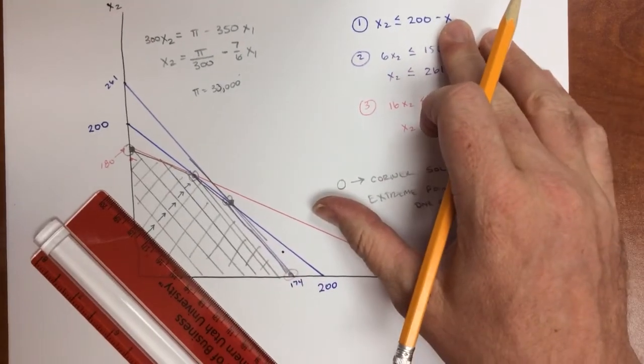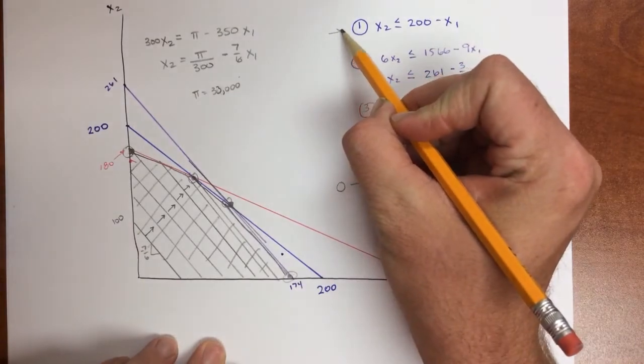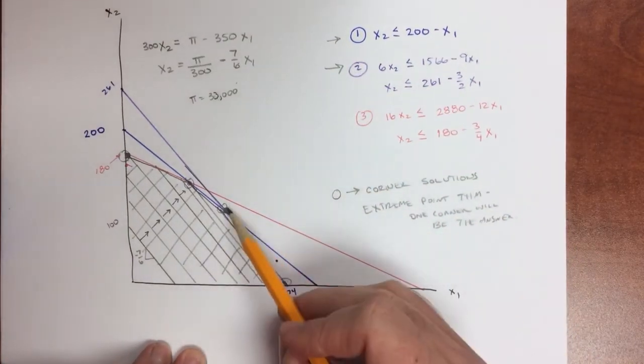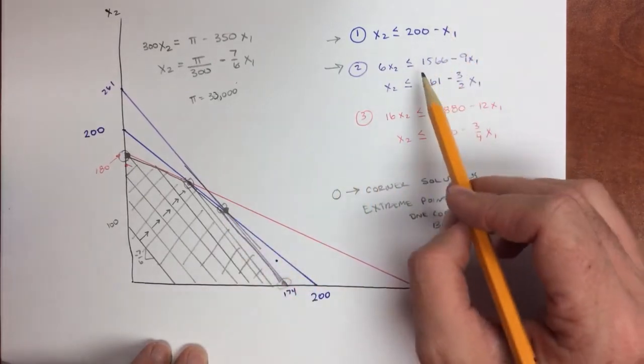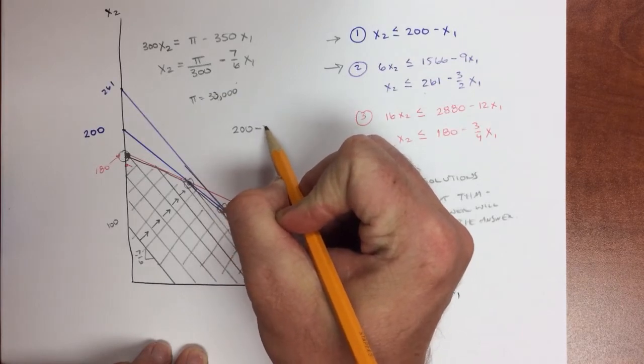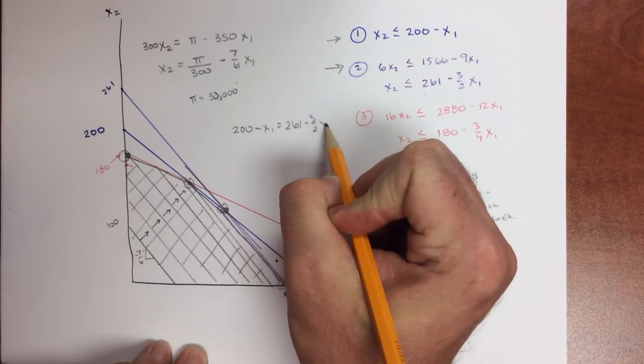Well, how do we find that answer? This point is where the blue constraint equals the purple constraint, because it's where the blue line meets the purple line. So to solve for that, we'll set 200 minus x1 equal to 261 minus 3/2 x1.